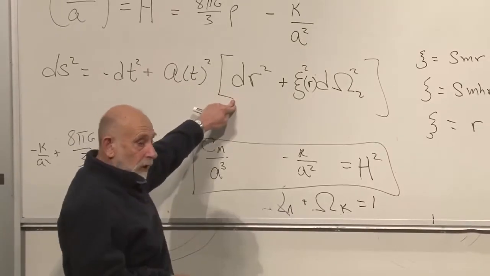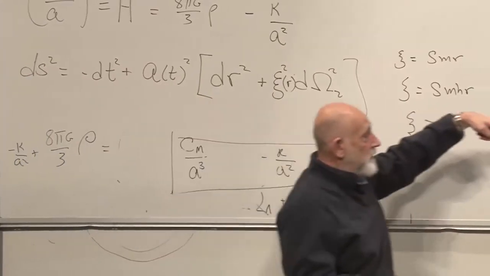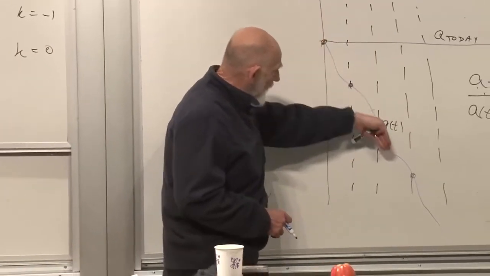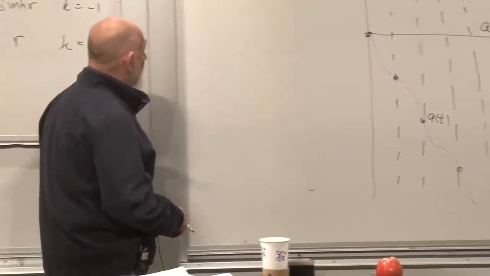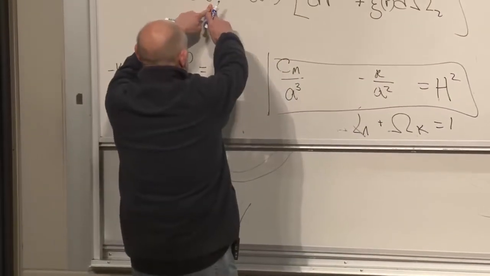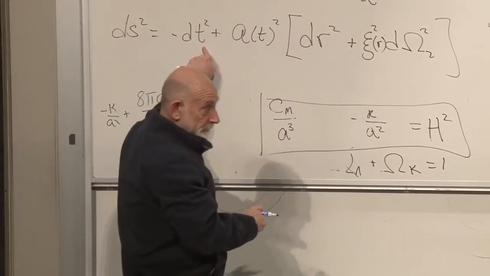And light rays are null rays. Light rays moving radially relative to us, here we are over here, are null rays, which means that dt squared is equal to A of t squared times dr squared.